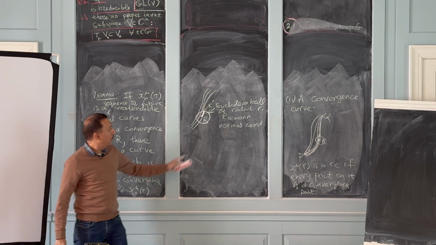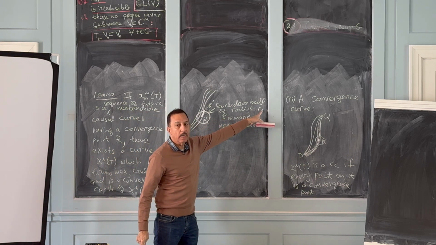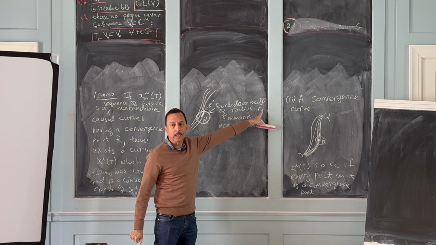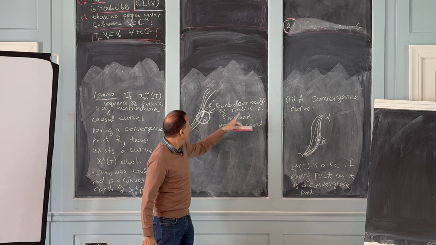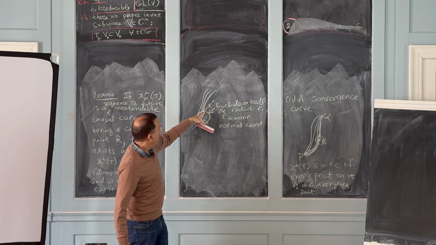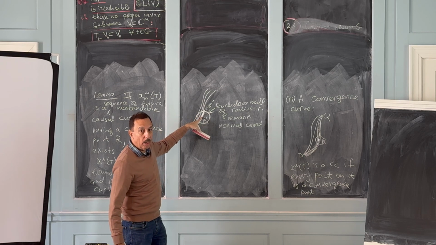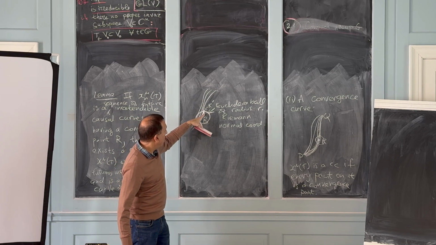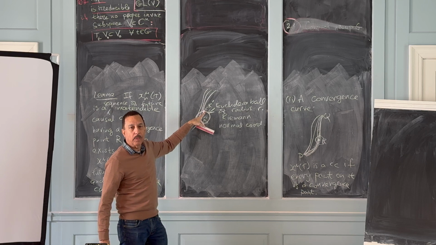So first I take a ball of radius r, then I take an infinite family of balls which are smaller and smaller, and this point that I've been able to define, r prime, will now move closer and closer to r, and in the limit I have an entire line segment from r to r prime on which every point is a convergence point.